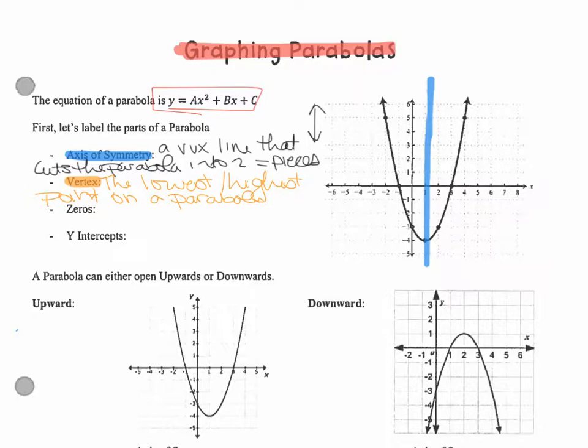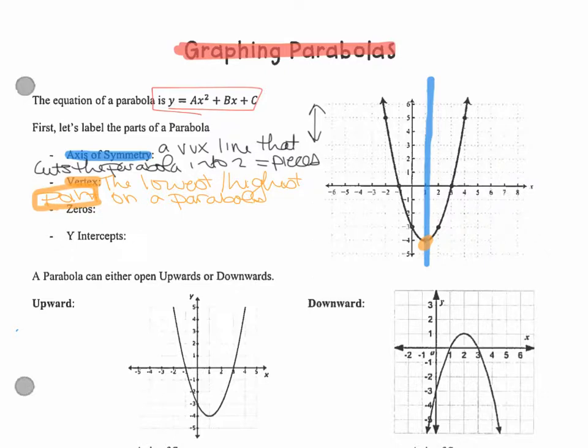Remember we talked about this word when we first started talking about parabolas. I was really mature. I called it the butt. The vertex is the butt of your parabola, so the butt of my parabola is right here. My vertex is always an ordered pair. It is a point, so make sure you know that. The vertex of this given parabola would be 1, -4.